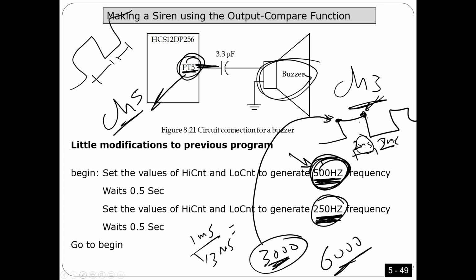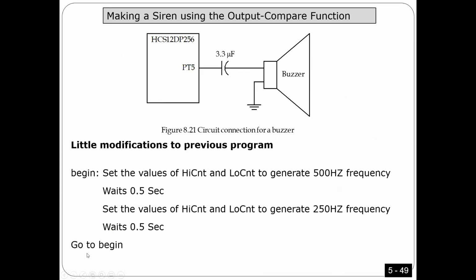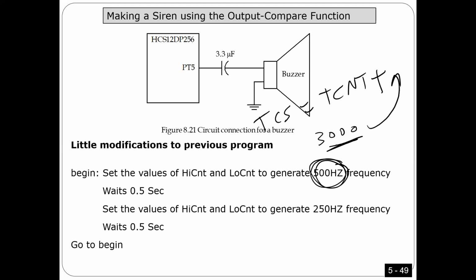So what I explained, guys, is very simple. If you want to generate this signal, your count has to be 3000. This is the count you have to use when I say TC5 equals TCNT plus this value, right? However, if you want to generate this signal, it's the same thing, but instead of using 3000, I have to use 6000, okay?